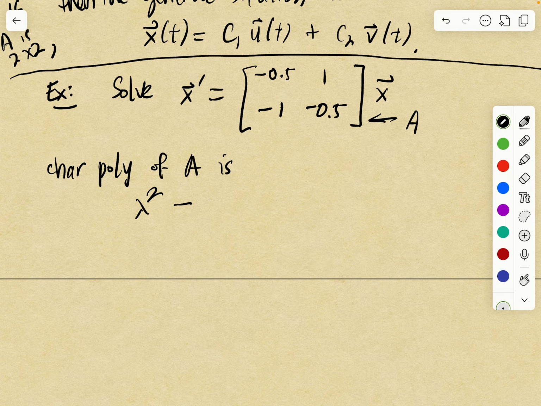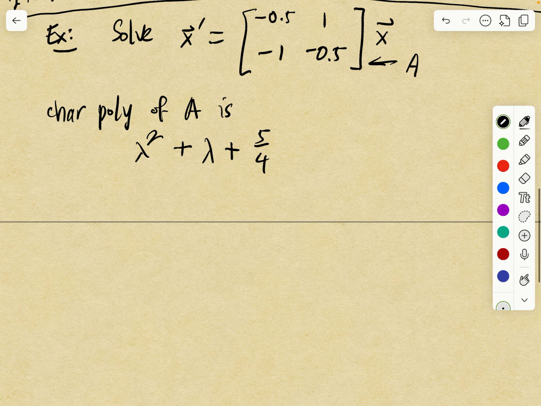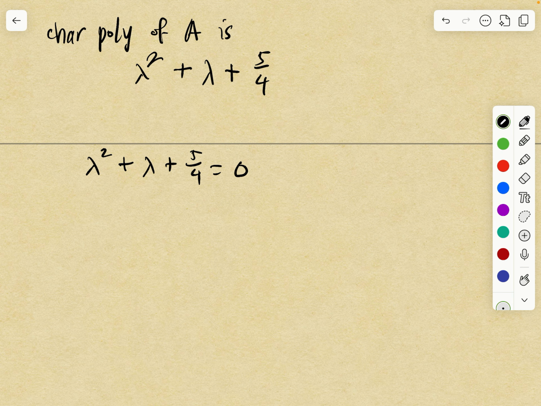It's lambda squared minus the trace, the sum of the diagonals. That's negative 1, so it's plus lambda, and then plus the determinant. You're going to get 1/4 minus negative 1, so that's 1/4 plus 1, which is 5/4. So you set this equal to 0: lambda squared plus lambda plus 5/4 equals 0, and then you use the quadratic formula.